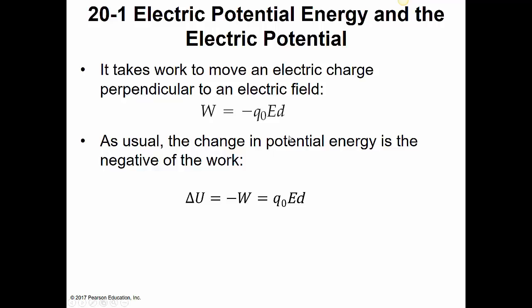And the gain of potential energy is equal and opposite to the work done moving it. So the formula for finding the work is negative Q naught ED. It will be measured in joules or Newton meters. And the formula for electric potential energy is the same formula, but in the opposite direction, positive Q naught ED.